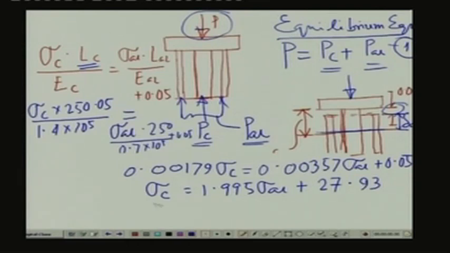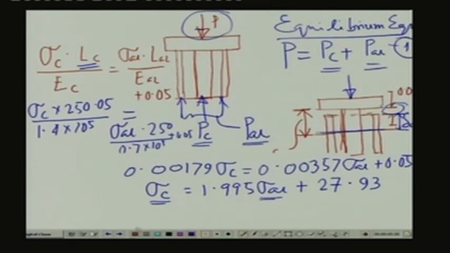Now, this is the relationship between the stress in the copper rod and the stress in the aluminum rod. Here, the limiting values of the stresses in copper and aluminum are given.